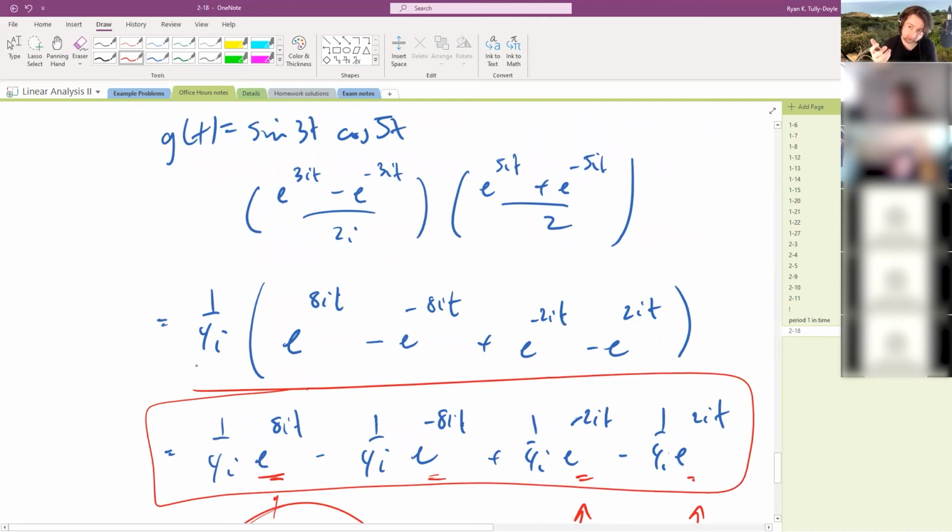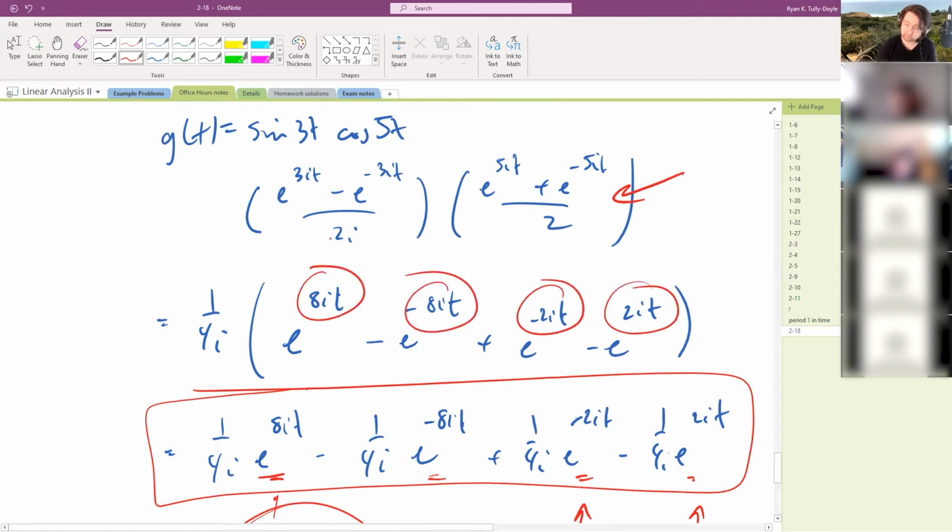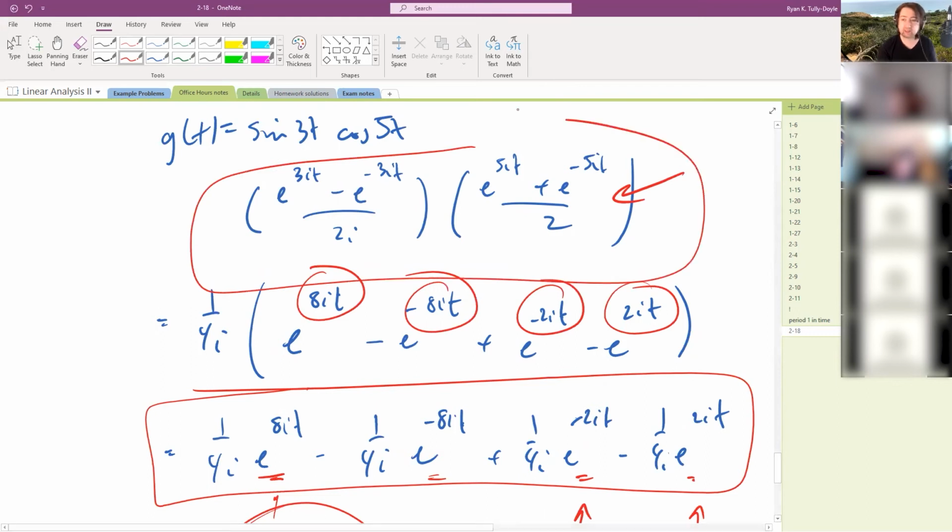And these product problems are useful because they separate people that understand you have to multiply this out to figure out what the frequencies present are, from people that are just willing to do the substitution and then use the 5s and the 3s. And the problem is the 5s and the 3s do not appear in the Fourier series, right? So when I ask you this question or something very much like it again on the exam, then you'll know: do the substitution and then multiply everything out so you can identify which actual frequencies are present, because otherwise you can't find the period. There's no way to do it otherwise.